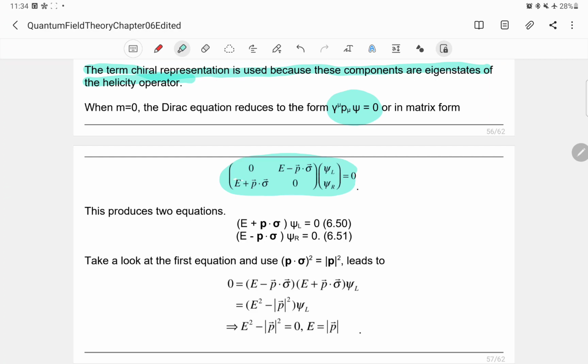So you will have these equations if you do the matrix operation, and of course this is just equal to p squared, and so the eigenvalue here is 0. So finally you will see that the energy is just the momentum.